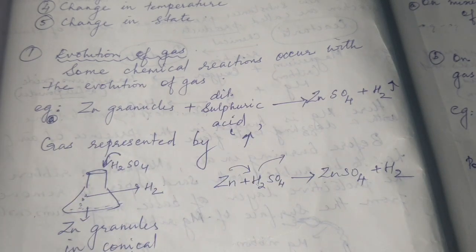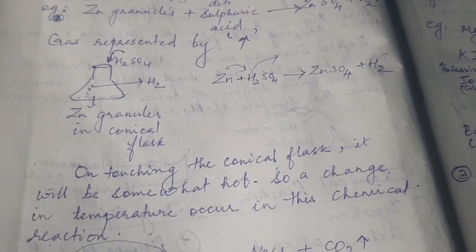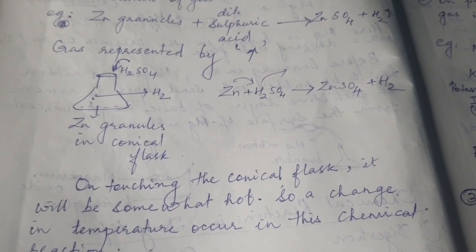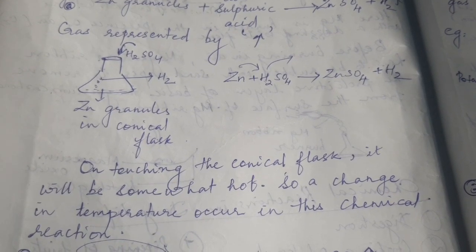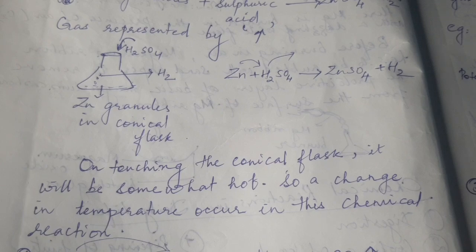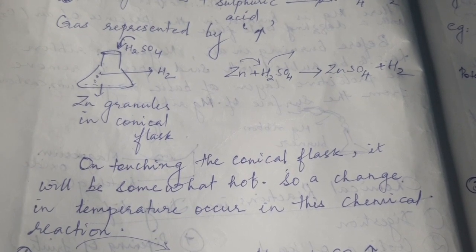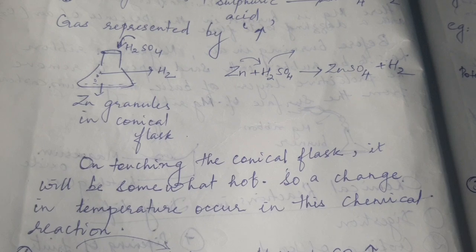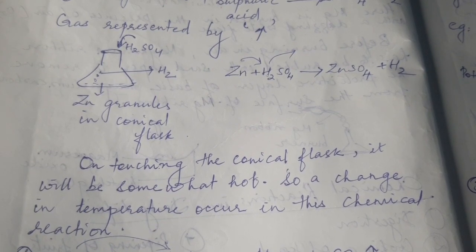Okay, so that is the chemical reaction that we have seen. And on touching the conical flask, you can see that it will be slightly hot. So what happens over there? Heat energy is given out. Heat energy is given out, meaning it is an exothermic reaction also.